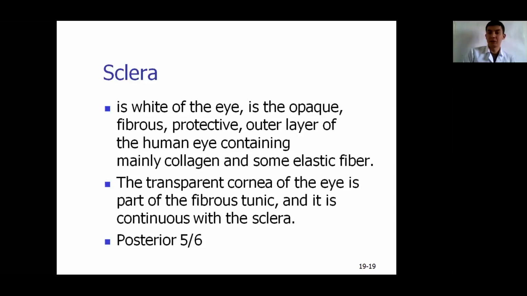Sclera transitions into the cornea. The posterior 5/6 of the outer layer is represented by the sclera, and the anterior 1/6 is represented by the cornea. So the transparent cornea of the eye is part of the fibrous tunic, or most outer layer of the eyeball, and it's continuous with the sclera.